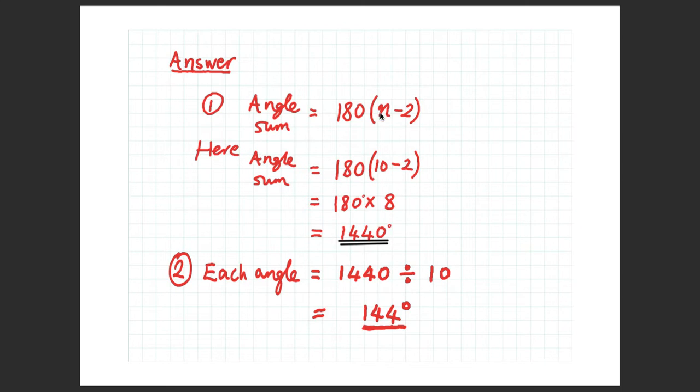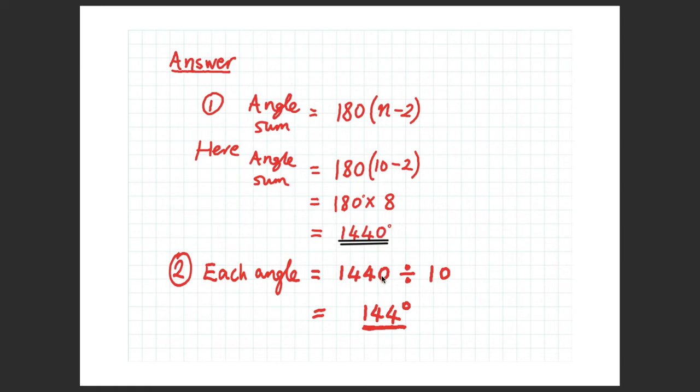Okay, so here we go. So the angle sum is 180 times n minus 2. That's the formula. So here we've got 10 sides we're talking about for a decagon. So we stick 10 into that formula, and then the angle sum is 180 times 10 minus 2. So that's 180 times 8, which is 1,440. So the angles in a 10-sided shape, a decagon, would add up to 1,440.